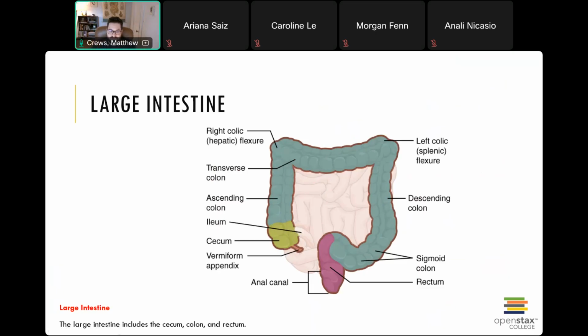Nobody knows? That's good. It's largely vestigial, which means it's left over from evolution, and it doesn't really do anything now. It does not have poison. It can get infected, which is bad. When it gets infected, it will blow up, and that's bad.